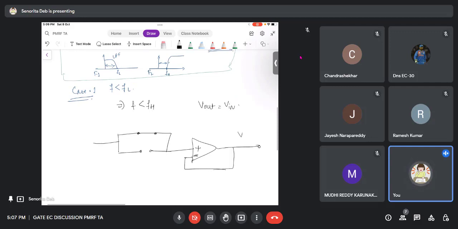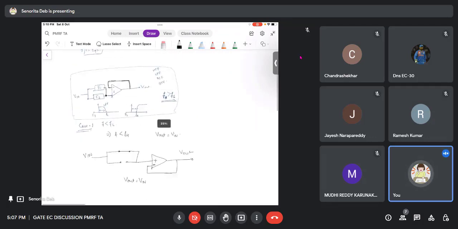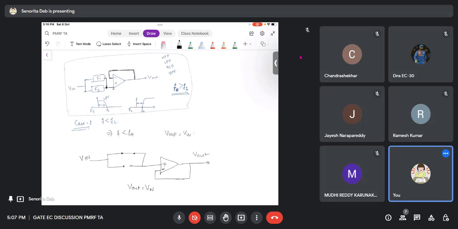So it is a buffer, so V out equals V in. Pardon the bad handwriting. Is this clear what I did just now? If it is not clear, please let me know.